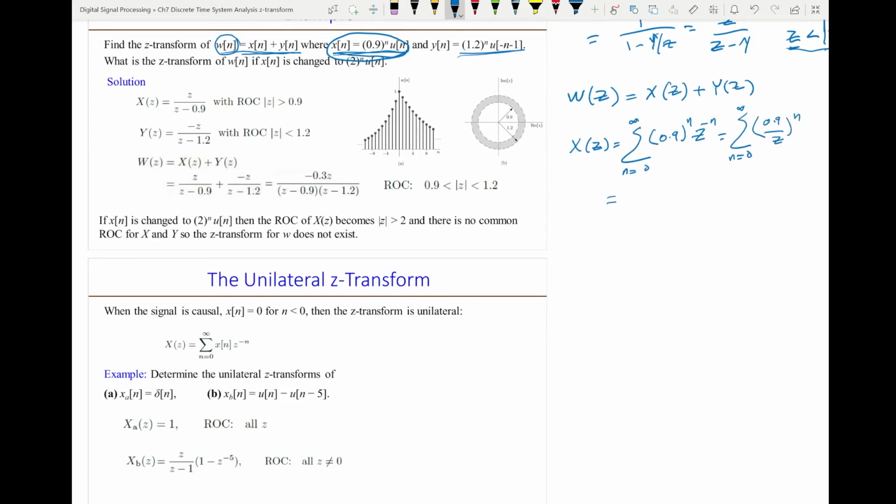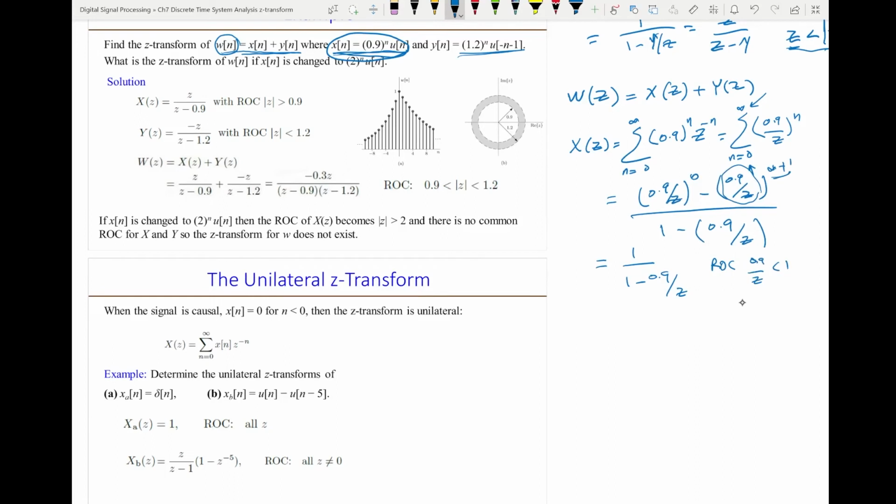And this will be r to the power of 0 minus r to the power of infinity plus 1, over 1 minus r. This will be 1 over 1 minus 0.9 over z, and the region of convergence, since this is to the power of infinity, has to be less than 1, or the magnitude of z is larger than 0.9.